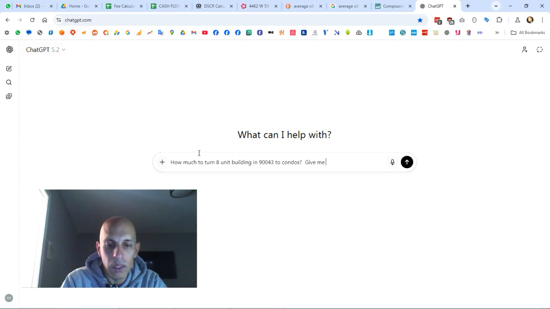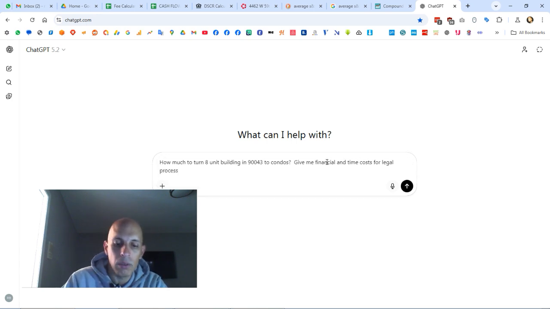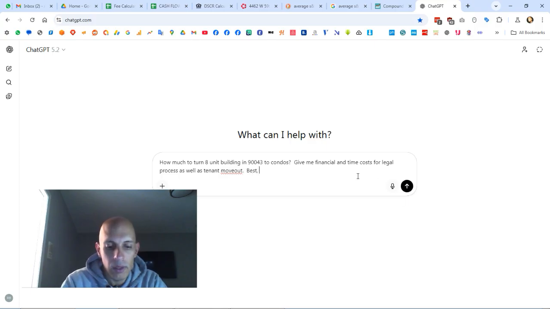Give me costs for legal process, financial, and time costs for legal process, as well as tenant move out. Best, mid, and worst case scenarios.